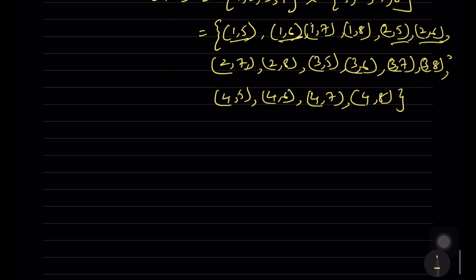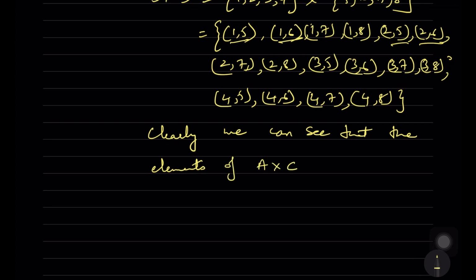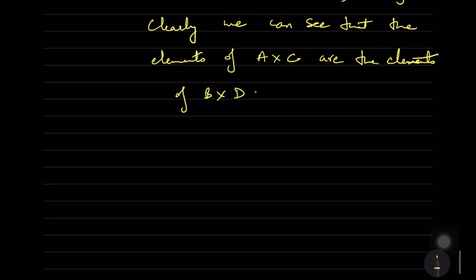So very clearly we can see that the elements of A cross C are the elements of B cross D. Therefore A cross C is a subset of B cross D, hence verified.